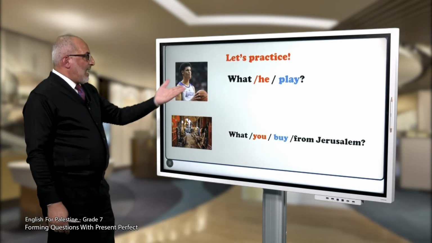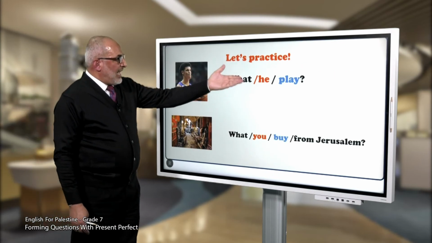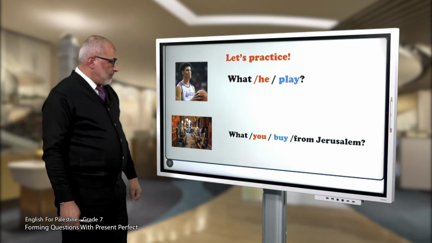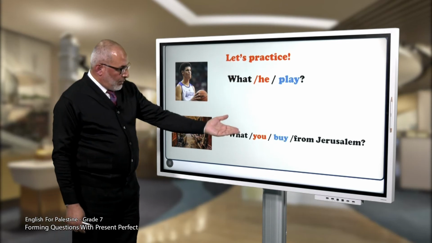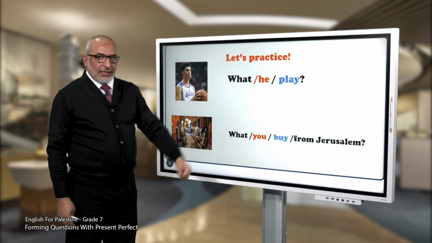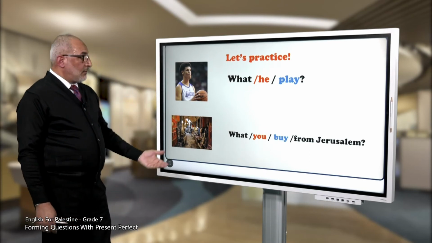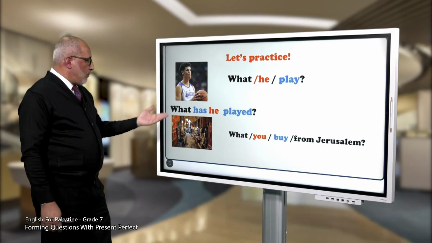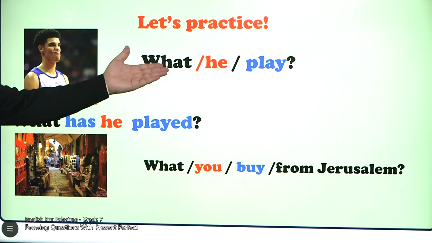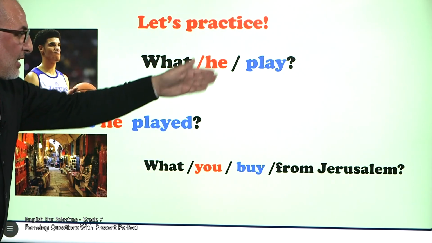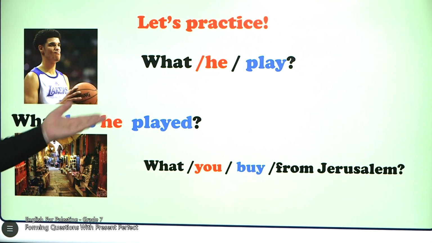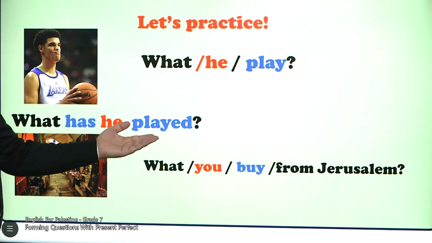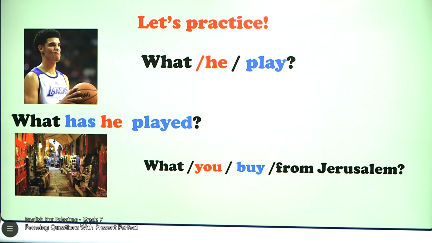Yes, here we have: what, he, play; what, you, buy from Jerusalem. Yes, what has, because the subject is singular, has, he, the subject, and the past participle of play is played.